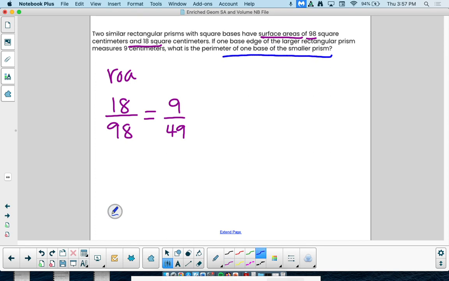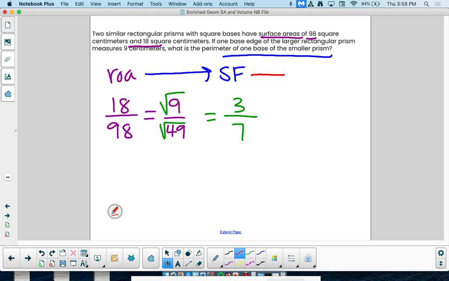So that's going to be based off our scale factor. So now I need to go from the ratio of our areas to our scale factor. So remember from last chapter, right now we're at a squared to b squared. We have to take the square root. So the square root of 9 is 3. The square root of 49 is 7. And then from there, we can write our proportion.